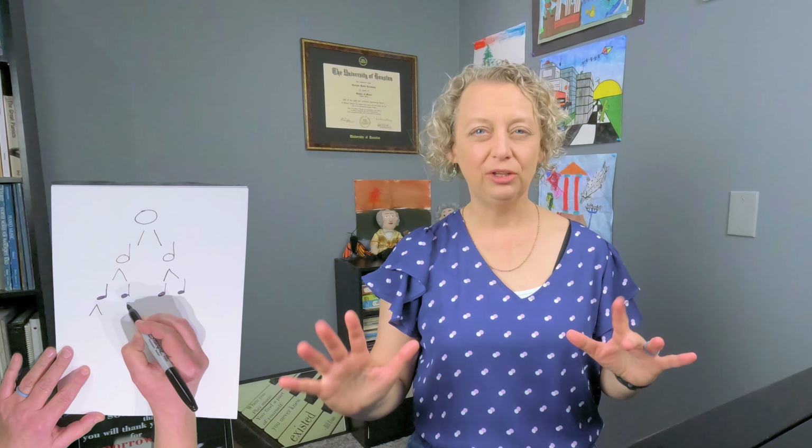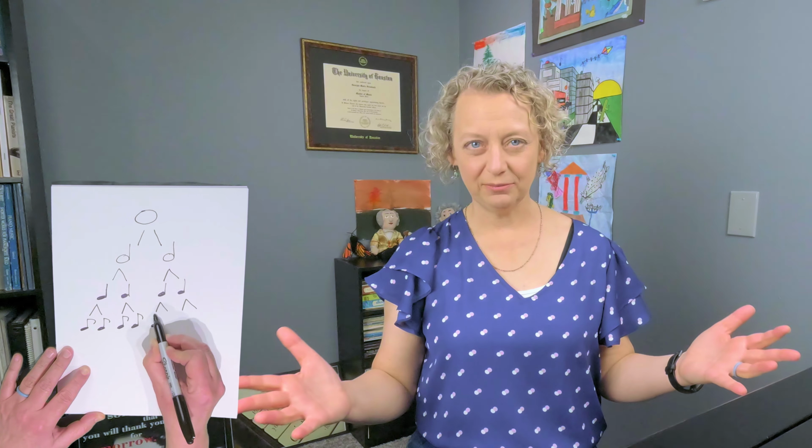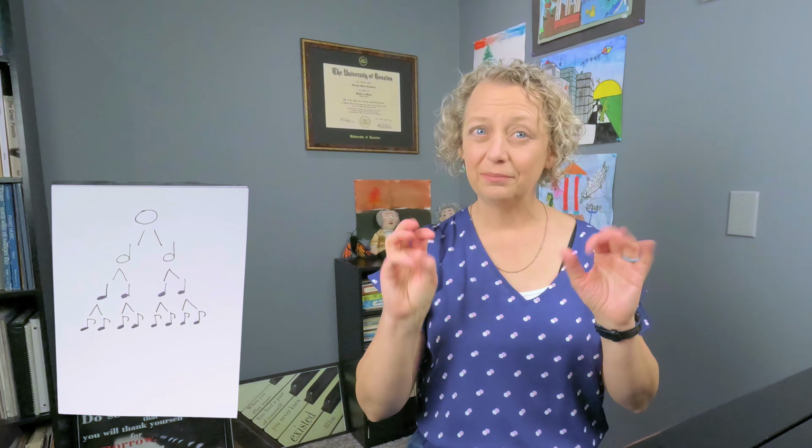But wait, there's more. Add what we call a flag to this note, and it divides time again and is now called an eighth note. And if we look farther up our tree here, we can see where the name comes from. There are 8 of them in one whole note.